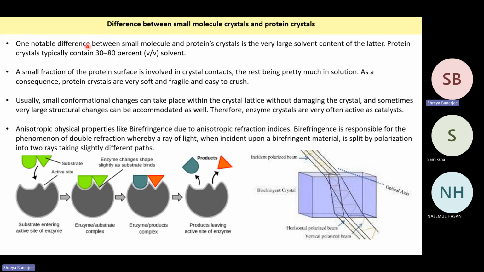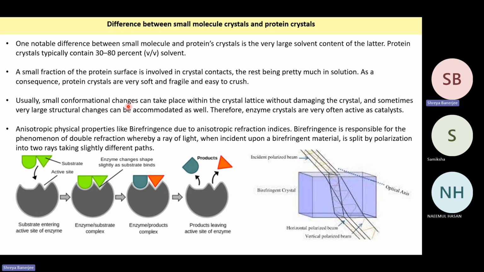Because of the large amount of solvent in protein crystals, a very small fraction of the protein surface is involved in crystal contacts, and the rest is exposed to the water inside the crystal. Because of this large water content, protein crystals are very soft and easy to crush compared to salt crystals.